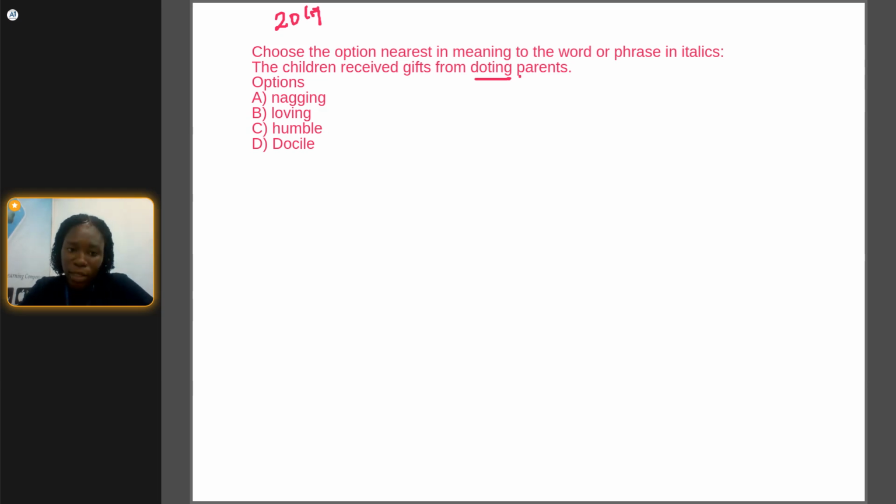So from the 5 tricks or the 5 tips that we have looked at, which one can easily work for this question? Because not all tricks can work for them. Remember that in one you have to use context clues, in another one you have to break words into syllables, in another one you have to think of the opposite, in another one you have to use word substitution.